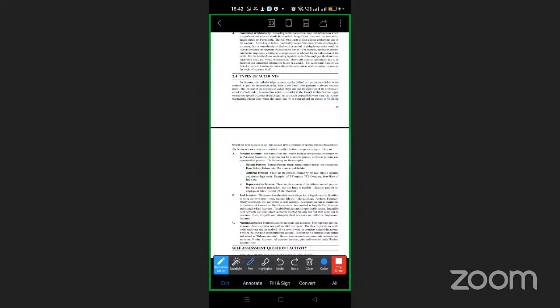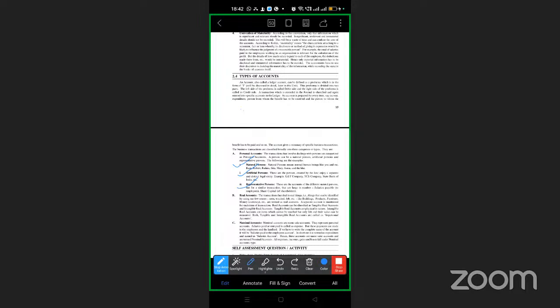So personal account comes under three different persons: natural person, artificial person, and representative person. Natural person means individual names like ours.